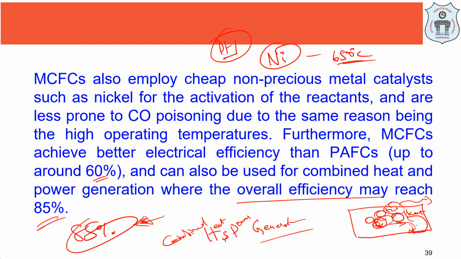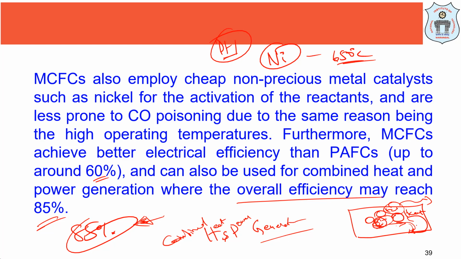Can you use it to run something and get some useful percentage? Then we can talk about overall efficiency, because we are utilizing the heat to further produce, or we put a cost for that heat which is being utilized. Okay, so thereby we can increase the overall efficiency up to 85%. So an overall efficiency of 85% is possible when you use combined heat and power generation.